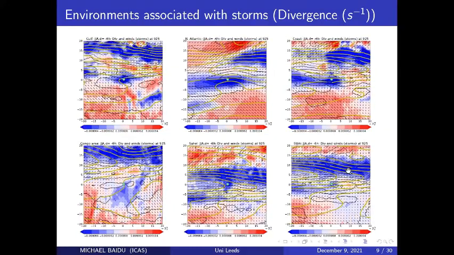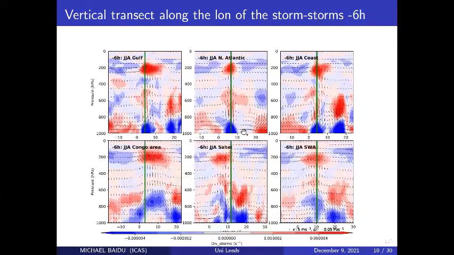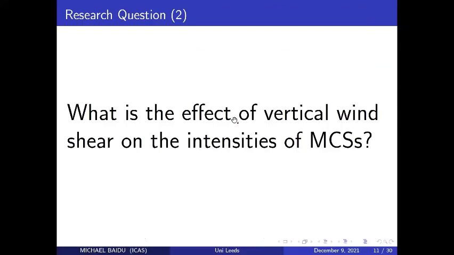Remember I mentioned that the storm is located about 10 degrees south of the ITD. When you look at this vertically, the picture comes out clearly: a strong convergence at the surface resulting in strong vertical velocities and then divergence at the upper level. So this is basically the environment associated with the storm.